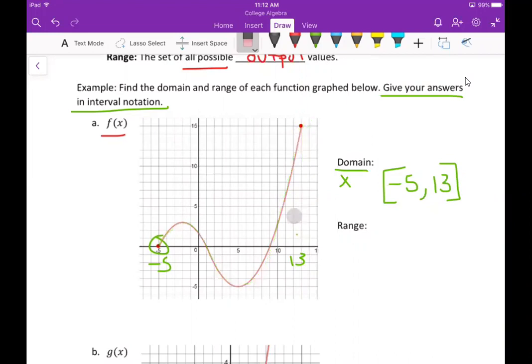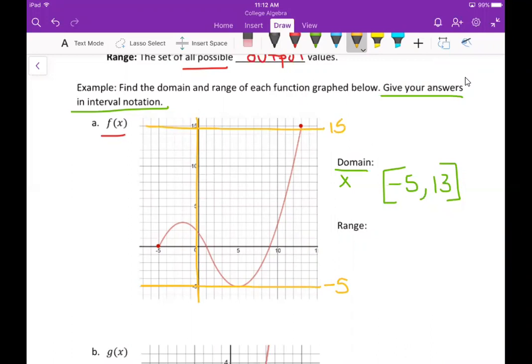All right, now for range, we do our y-axis. For range, I'm focusing on my y-axis and thinking about how low does this graph go and how high does this graph go. The lowest this graph goes is it hits a value down here at -5, and there's graph to be filled in all the way up to 15.